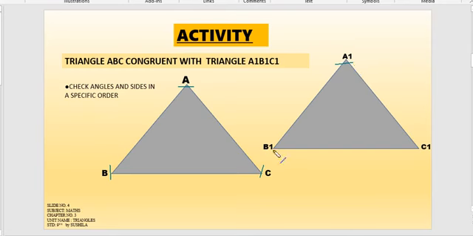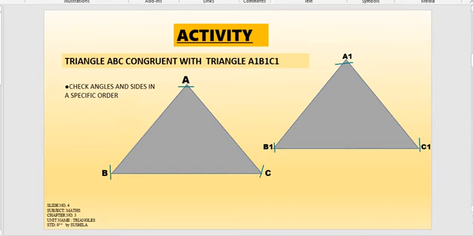For making this triangle, you have to cut paper in the form of a triangle, and with clear measurement you have to form four triangles, right? One triangle you label ABC, and the other triangle with another name, A1, B1, C1. Then you have to check the angles and the sides of the triangles from one to the other.